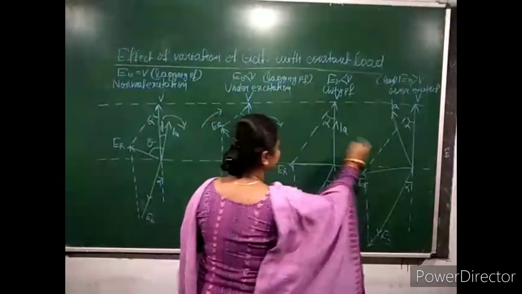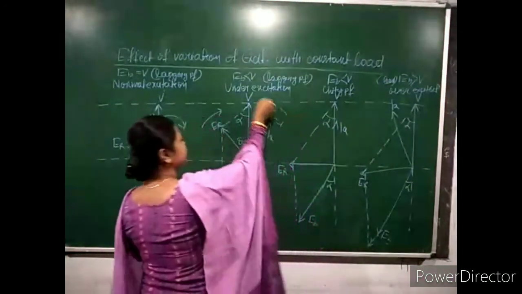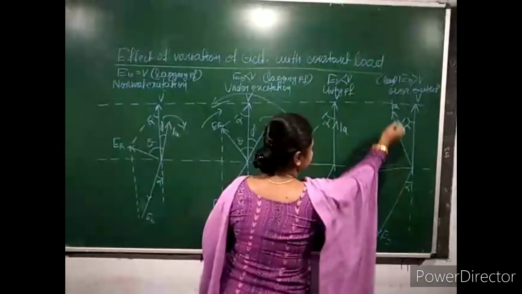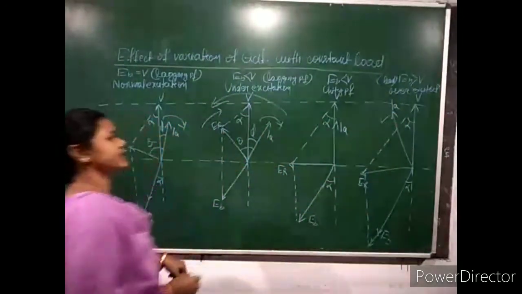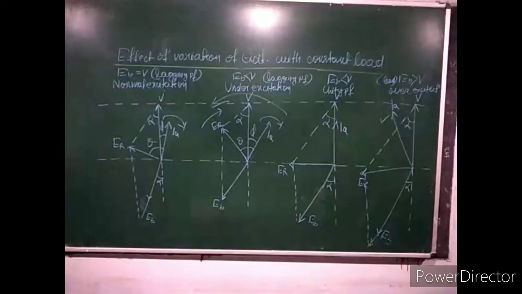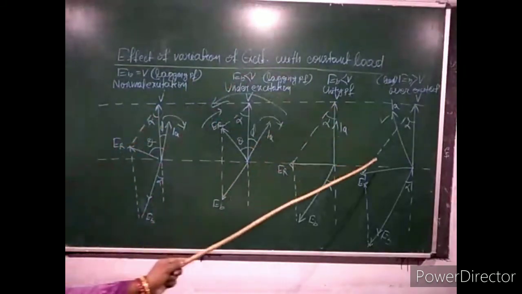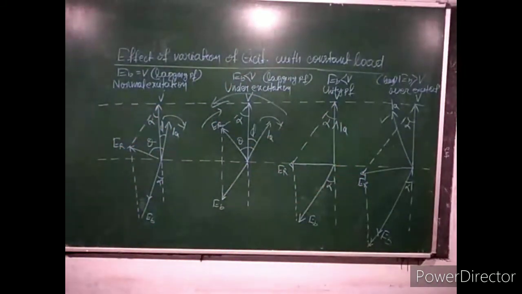If you compare these two diagrams, IA turns anticlockwise here in the overexcited case, from the normal excitation to this overexcitation case. So what conclusion do you get, students?